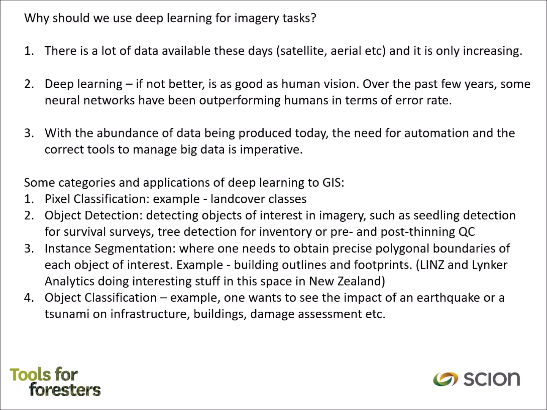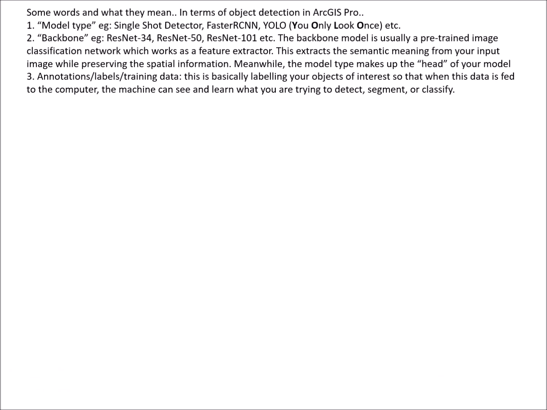You have a model backbone, which consists of a collection of convolutional layers that essentially act as your image feature extractor. And annotations, labels, training data, potato, it all means the same. Here is an example of how a Faster RCNN pipeline works, where you see the initial layers; you can think of it as a hive mind or a really convoluted human brain.